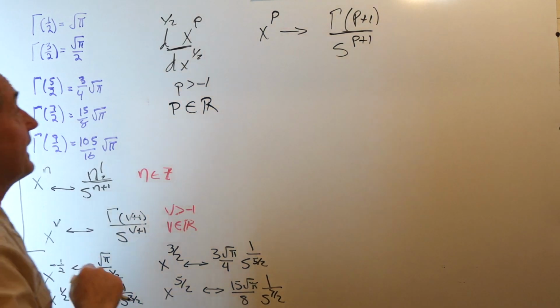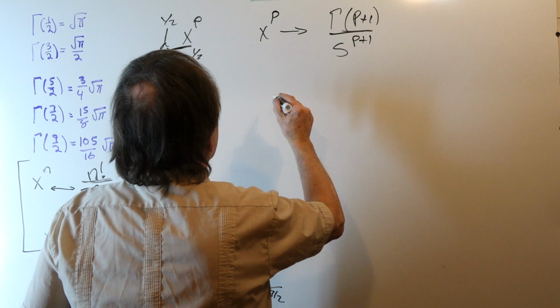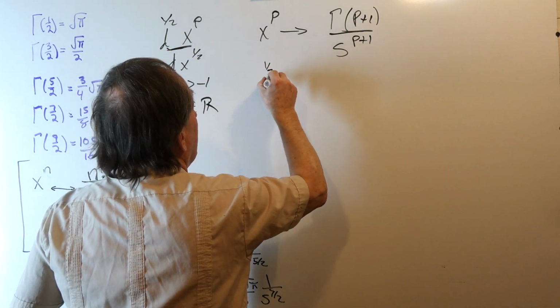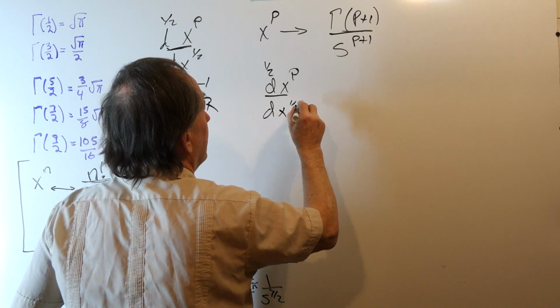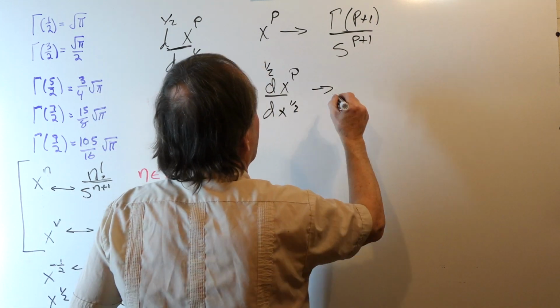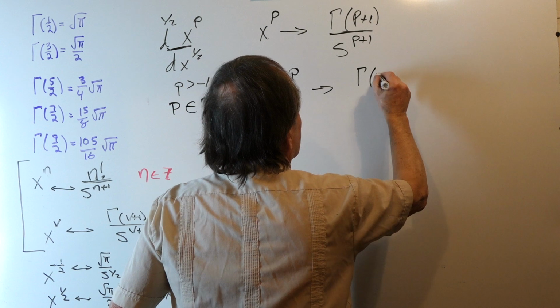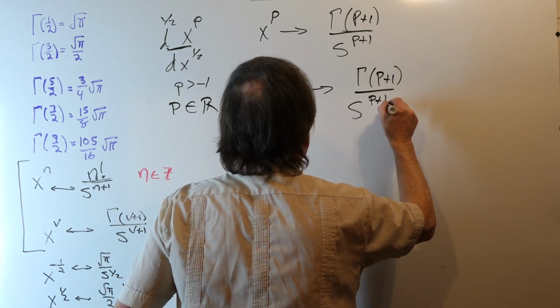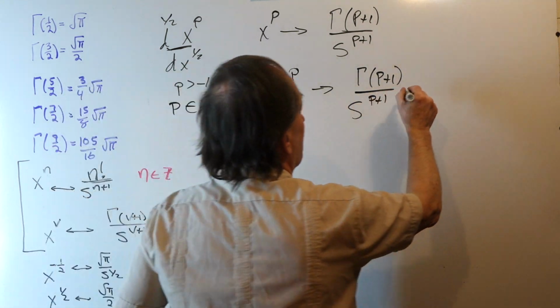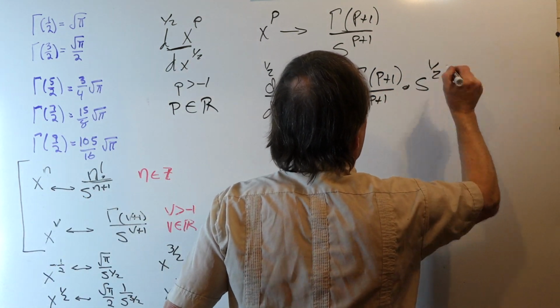Now, to take the 1/2 derivative of x to the p with respect to x, we take the function in the Laplace space, the transform of x to the p, and multiply by s to the 1/2.